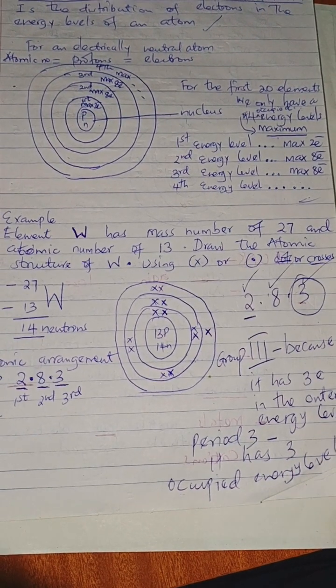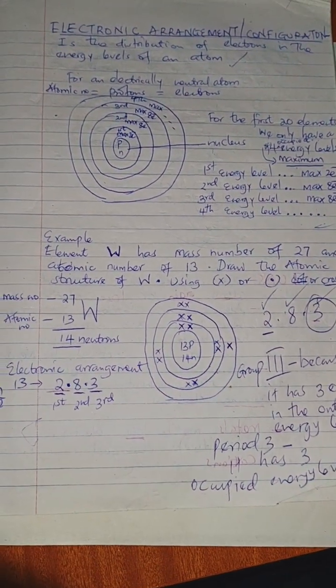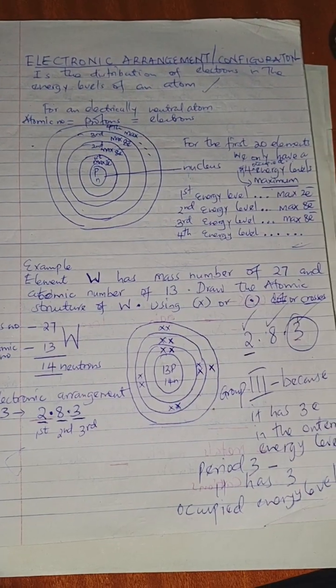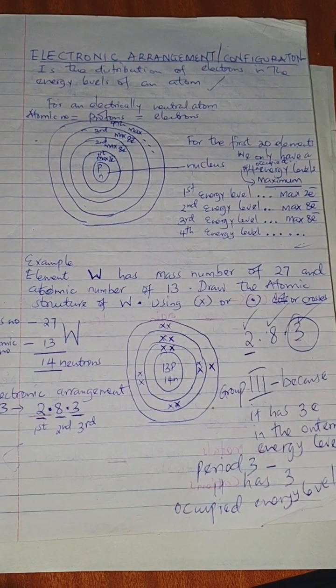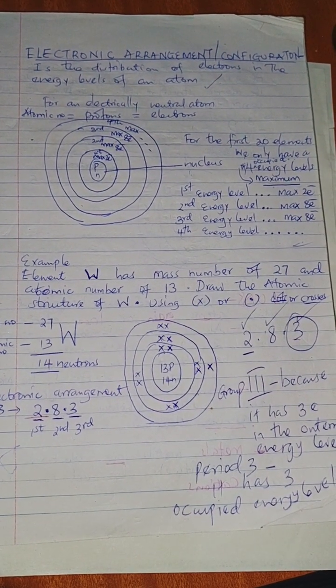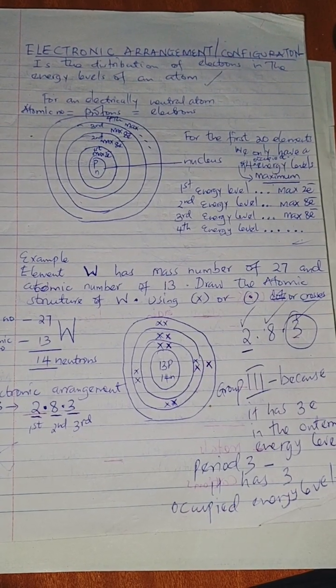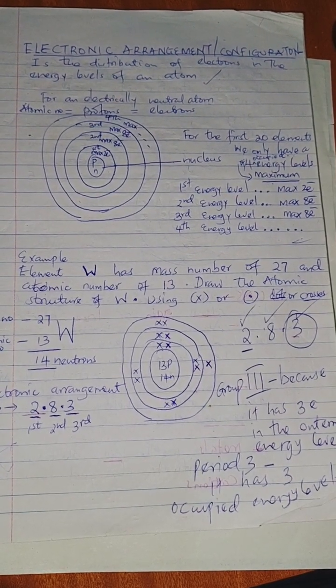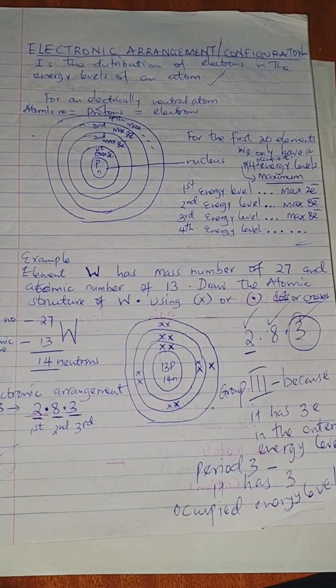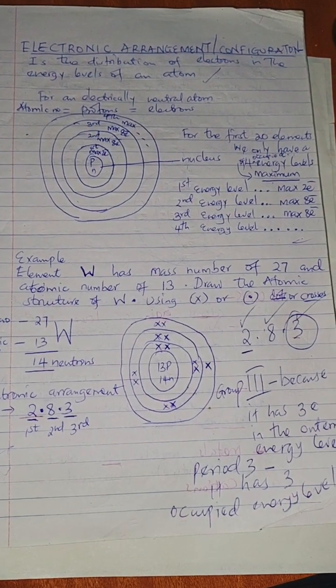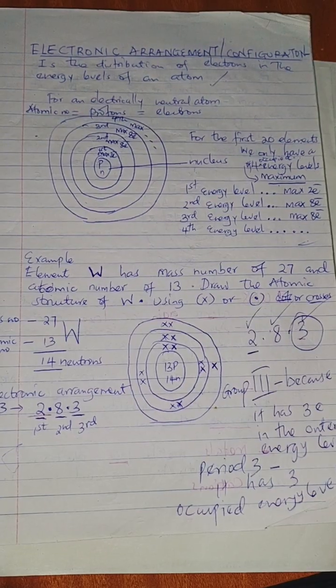Therefore, writing an electronic arrangement is very useful, very important in determining the structure of the atom, the group of the element, and the period of the element.